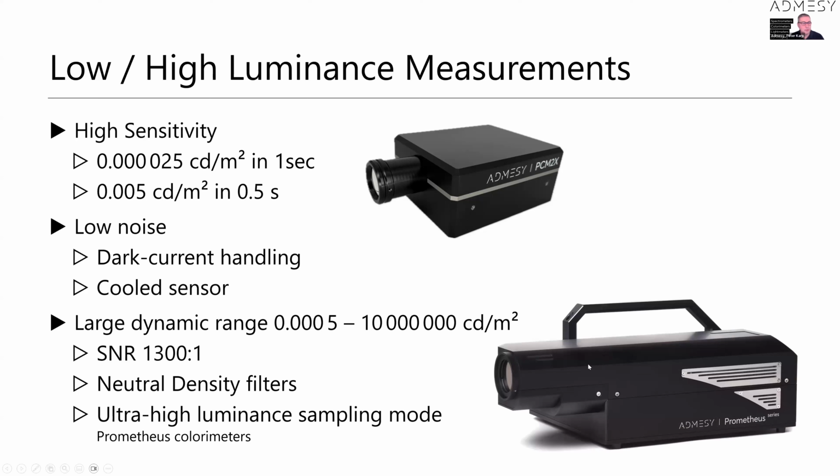The device uses neutral density filters, which also helps to achieve that large luminance range. And for the colorimeters, we have an ultra-high luminance sampling mode, which extends the luminance range even further, also for the colorimeters as well.